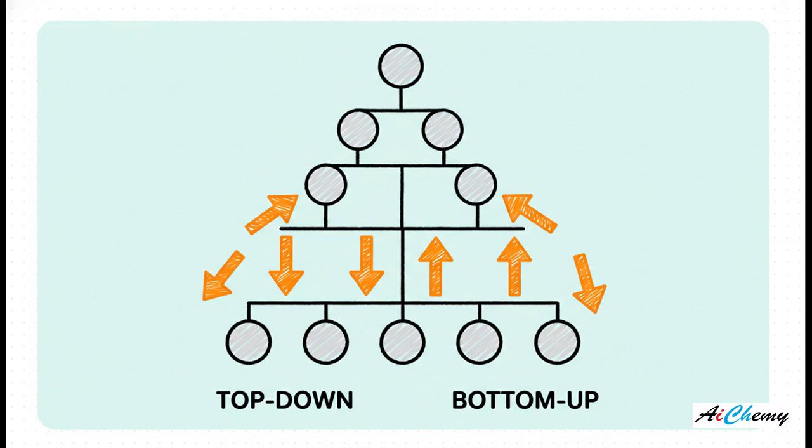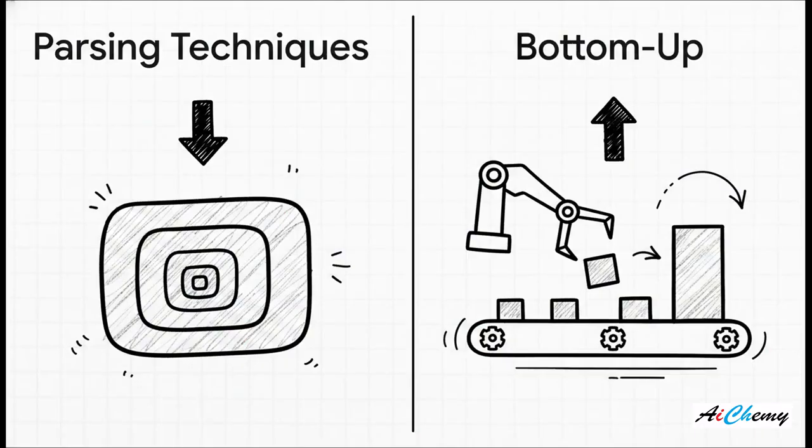It starts with all the evidence, the tokens, and builds upwards to see if it can form a coherent theory. And under these 2 big approaches, you've got all sorts of specific techniques. For top-down, a really common one is recursive descent parsing. And for bottom-up, one of the most famous is shift-reduce parsing. They both get to the same result, but they take fundamentally different paths to get there.